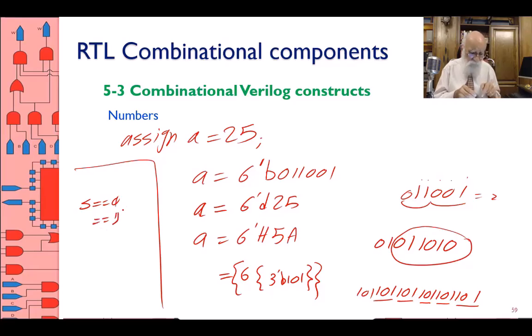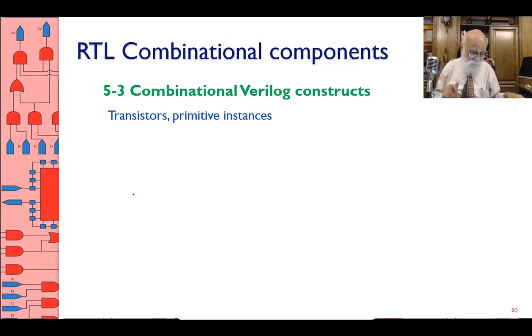Actually, if you don't put the size and the base of the number, again, it starts with decimal and then turns it into 32 bits and then looks at the left-hand side and adjusts the size accordingly, truncates. And if the left-hand side is more than 32 bits, it will put zeros on the left-hand side for unsigned numbers. All right, so that's with numbers.